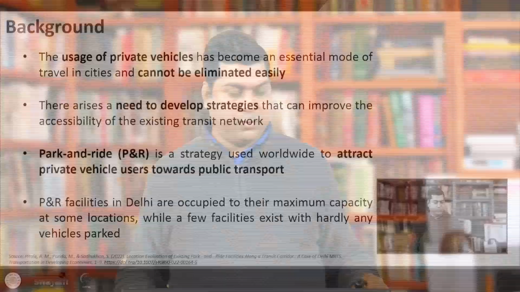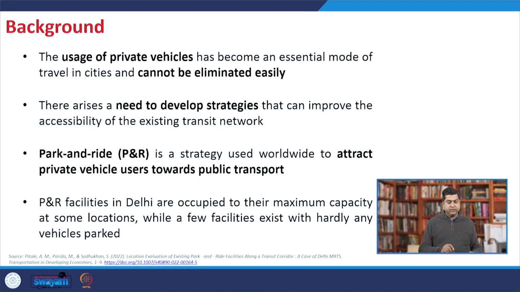Now coming to the background, I have already mentioned it, so we'll go very quickly through this. The use of private vehicles has become an essential mode of travel in cities and cannot be eliminated easily, because there are many policies. Probably there is a certain reduction, but not elimination.